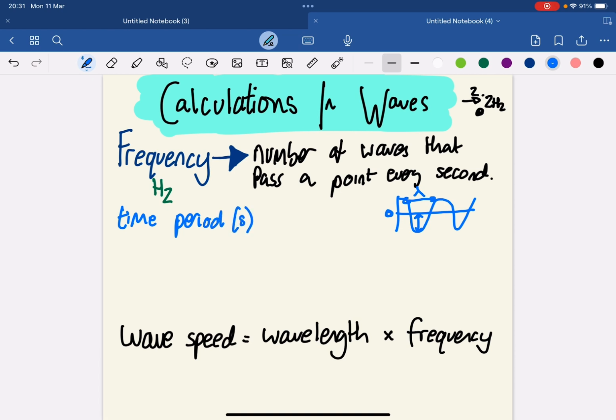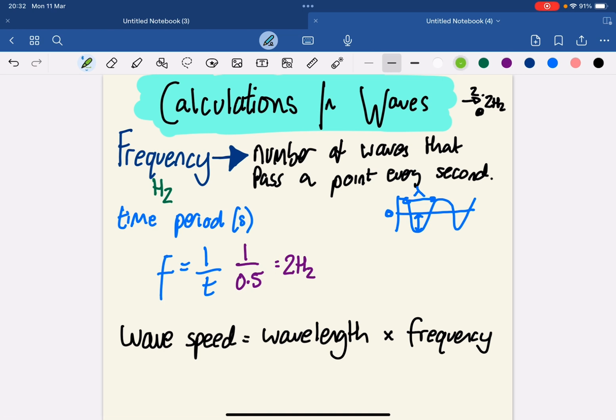And we can work out frequency from the time period by 1 over the time period. So let's say the time to complete one wave was 0.5 seconds, which means the frequency there is 2 hertz, because every second 2 waves would get by.